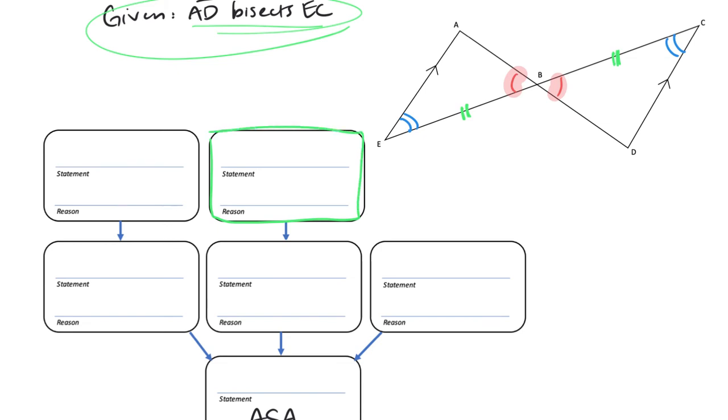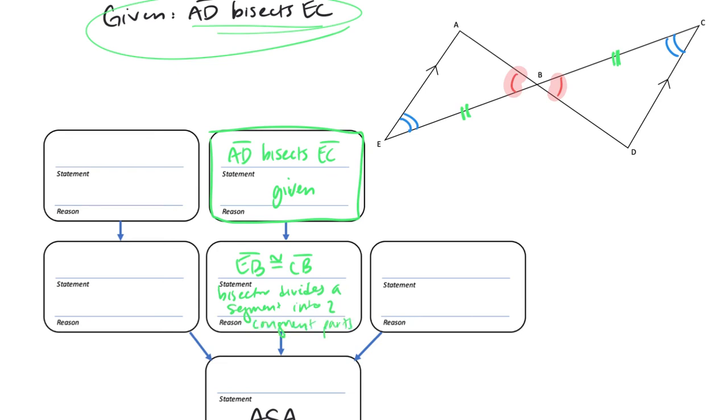This is where we're going to state that given information. So we are given that AD bisects EC. That's given. That's what allows us to establish this congruent pair. EB is congruent to CB because a bisector divides a segment into two congruent parts.